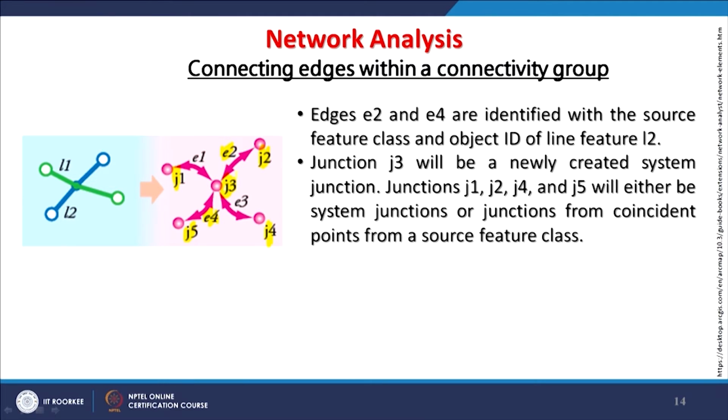But anyway, from a network analysis point of view, these are also called junctions because they may have connectivity with other networks. That is why they are called junctions, or this is the junction from a coincident point from a source feature class.